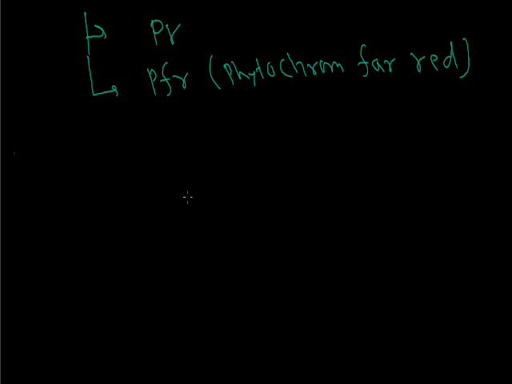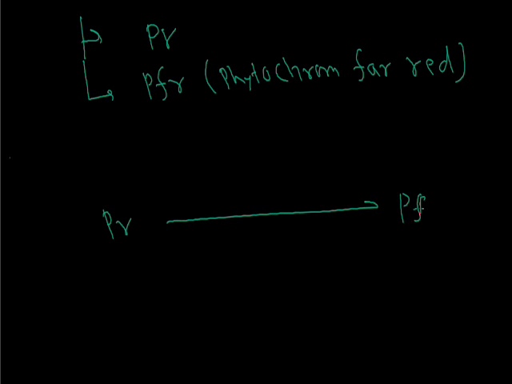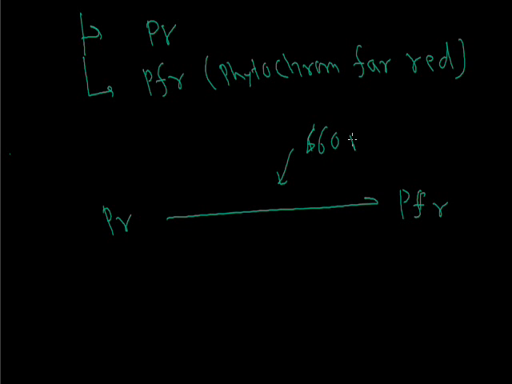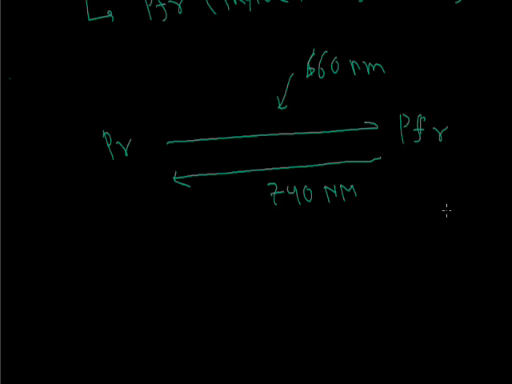Phytochrome red converts to PFR when the incident light is 660 nanometers, and phytochrome far red converts to phytochrome red when the incident light is 740 nanometers.